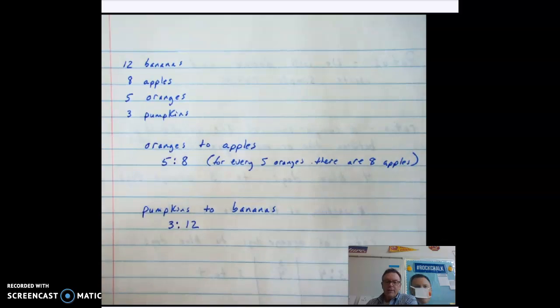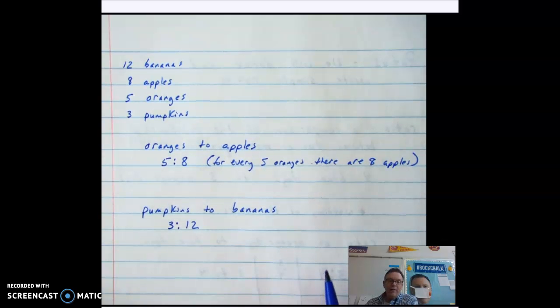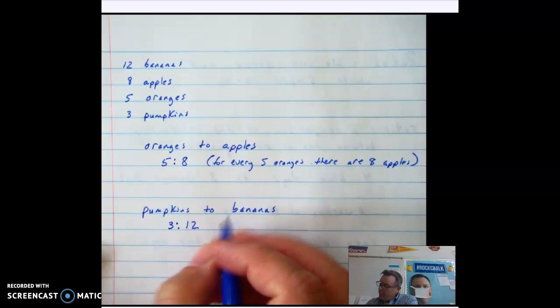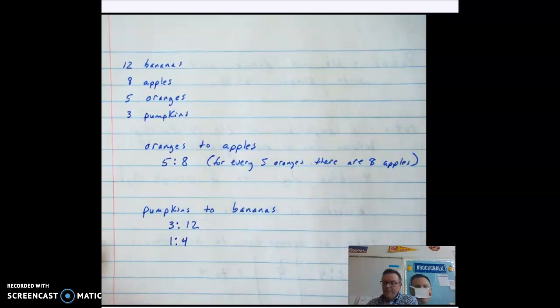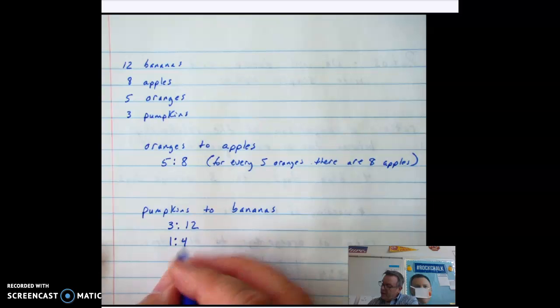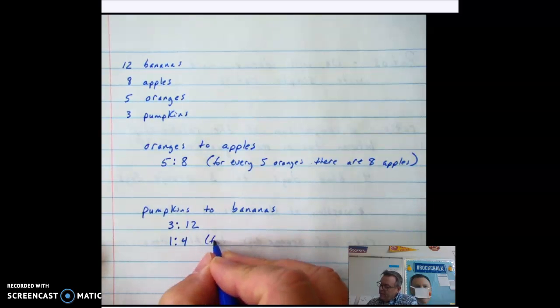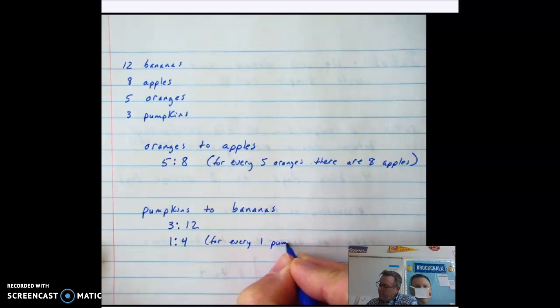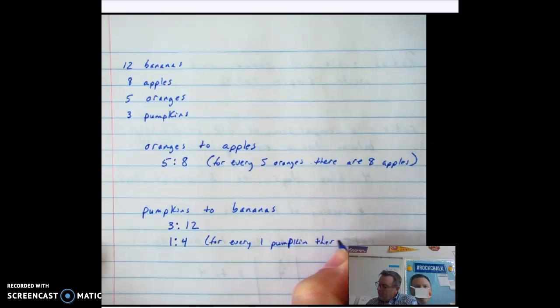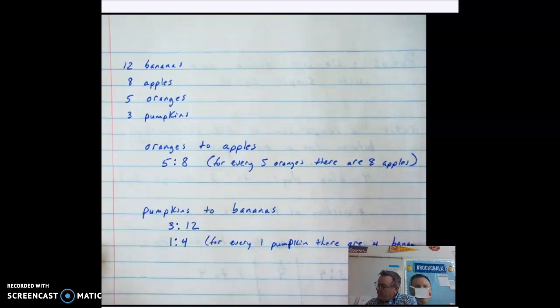But wait, it can simplify. These are both divisible by 3, so that reduces down to 1 to 4. So that's an equivalent ratio. You reduced it down. I could say this: for every 1 pumpkin, there are 4 bananas.